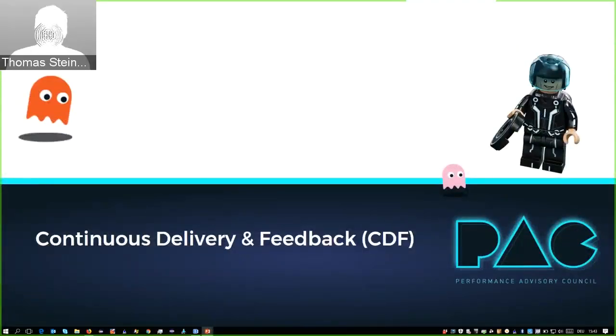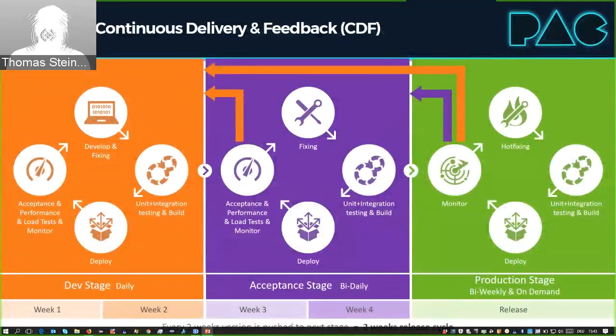Okay, the second thing is our continuous delivery and feedback pipeline. This is something very, very important for us. We have 3 stages here. The first one, on the left-hand side, is the dev stage. Here is basically the daily engineering happening.